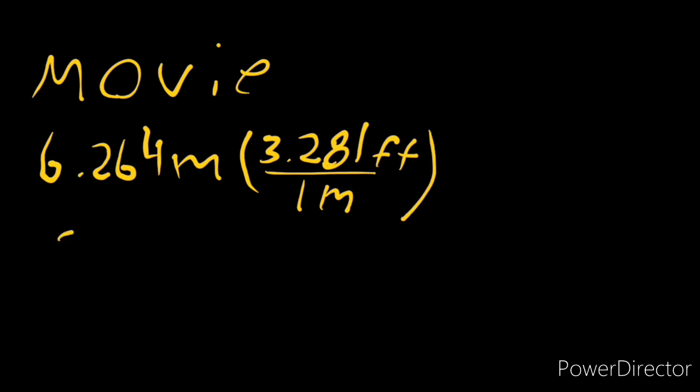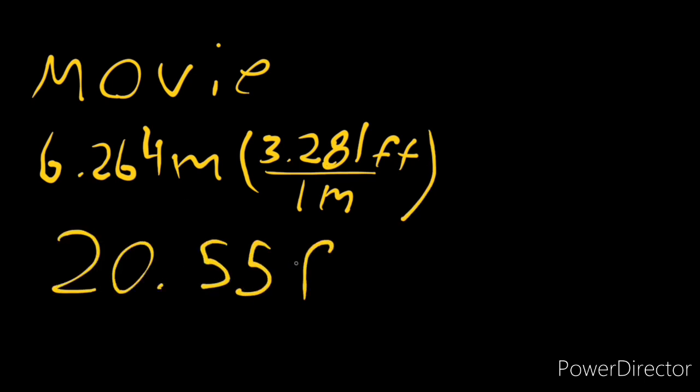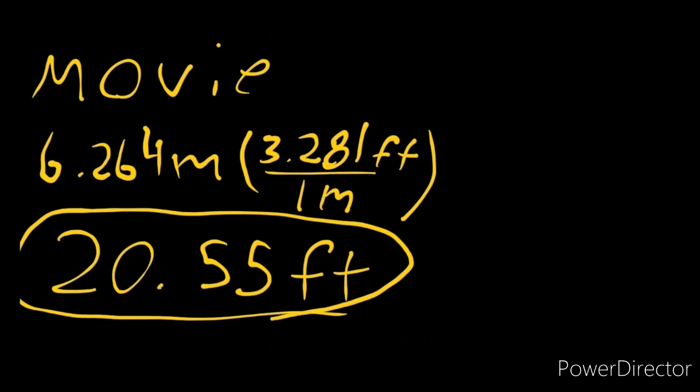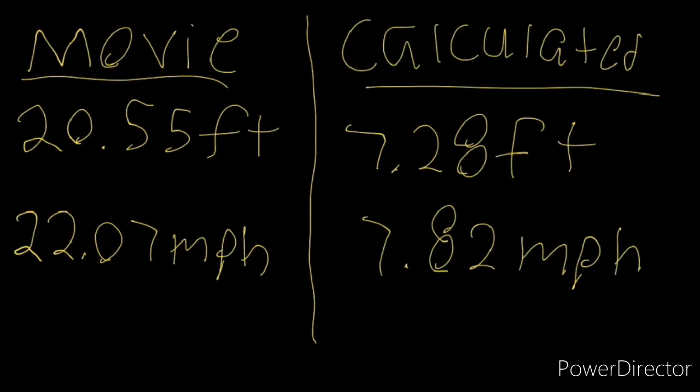And now for the movie, so I'm going to do 6.264 meters multiplied by 3.281, and I'm going to get an answer of 20.55 feet. And those are all my calculations in miles per hour and feet.